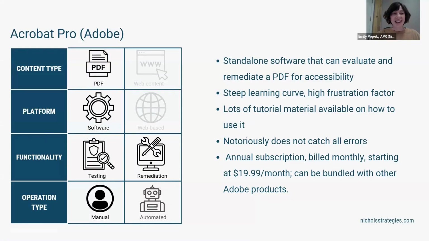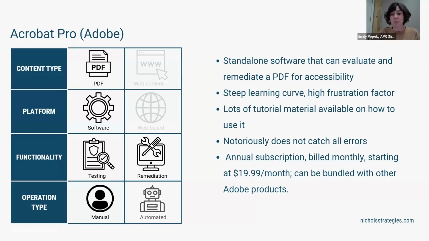Also, notoriously, Acrobat Pro does not catch all the errors. Documents can pass Acrobat with flying colors, and there will still be accessibility issues in there. So something to know. Like your other Adobe products, this is an annual subscription billed monthly. It starts at $19.99 a month, which is a pretty low point of entry.